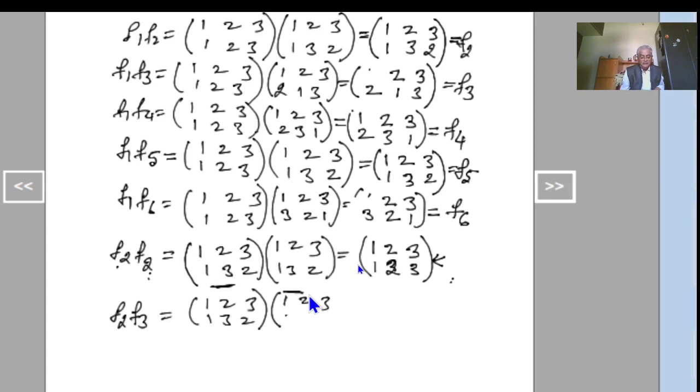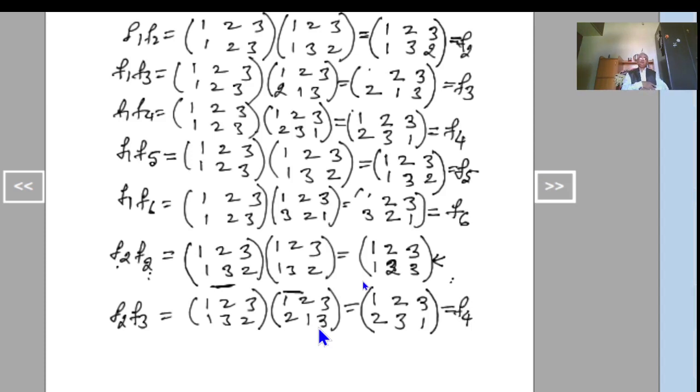This is equal to: 1 goes to 2. 2 to 3, 3 to 3, so finally 2 goes to 3. 3 to 2, 2 to 1, that means 3 goes to 1. I am getting 2, 3, 1. What is this 2, 3, 1? This is some other permutation; in this case it is equal to F4.